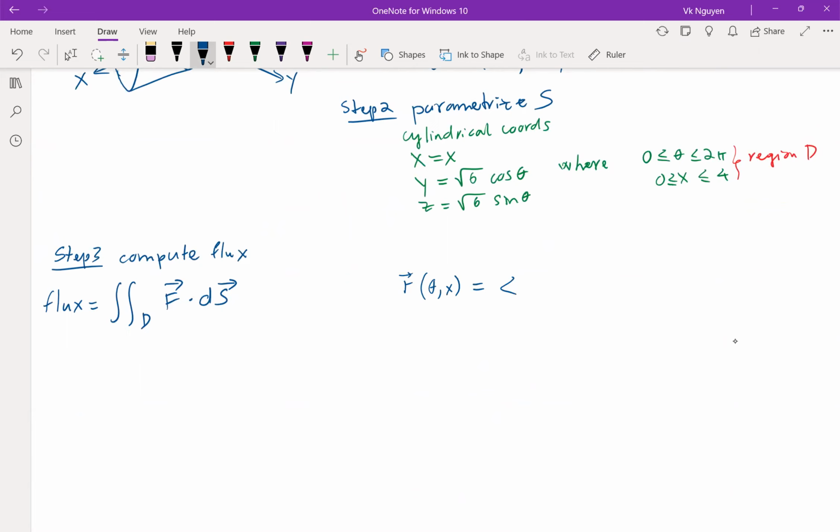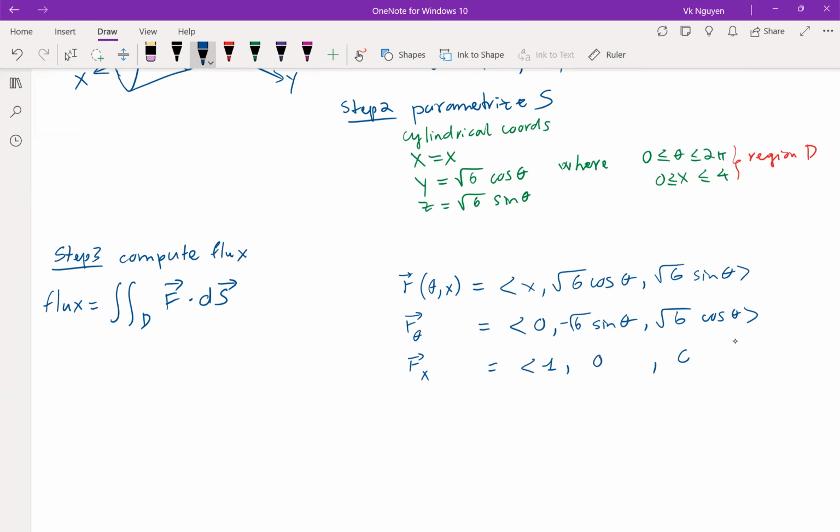So it's going to be x, and just copy and paste here. Pretty much the same. Zero.